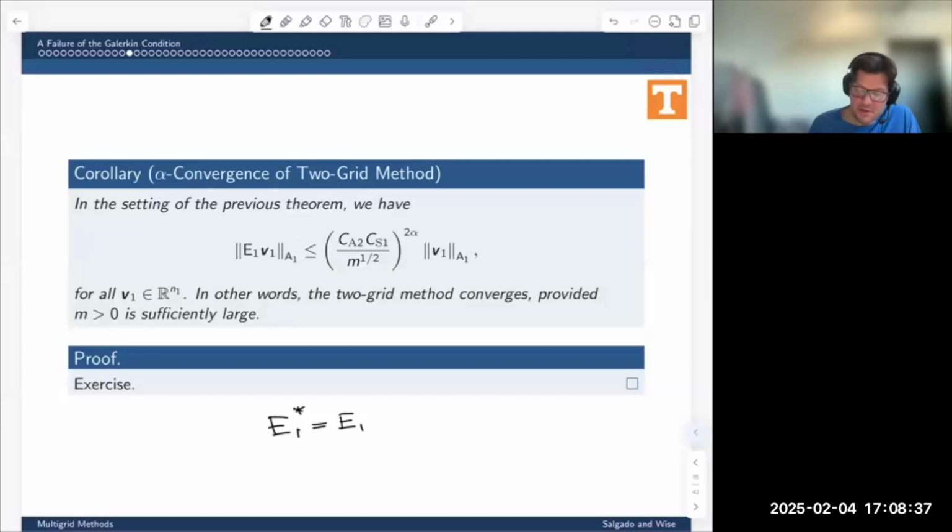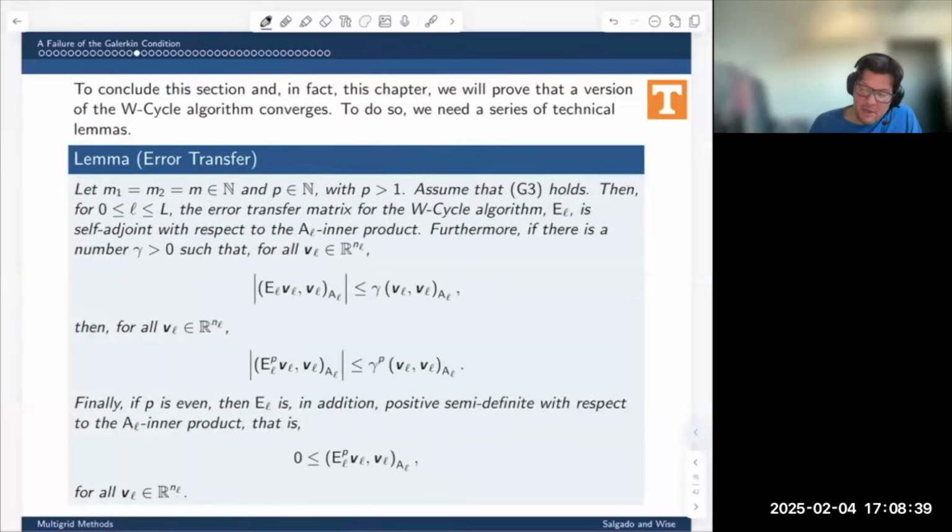Okay, E1 star is equal to E1. So again, here we're going to use that fact somewhere that EL star is equal to EL, but on a generic level, this doesn't require our coarse grid Ritz projection matrix to be a projection. It just is always going to be true as long as we're symmetrized. Symmetrization means we're going to set M1 equal to M2. Okay, so that's the first step.